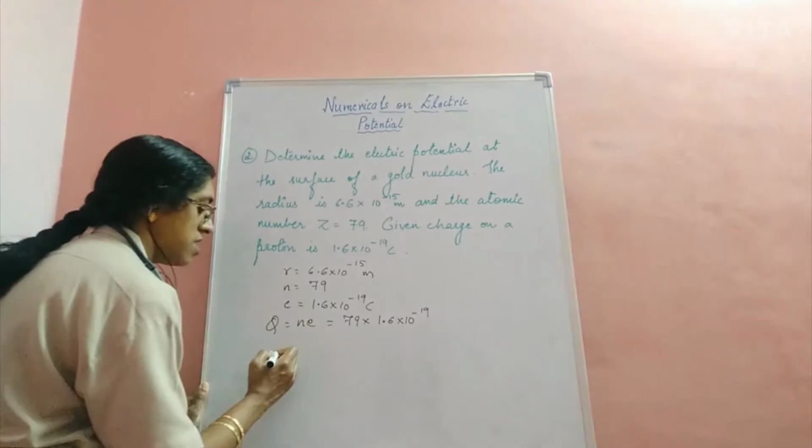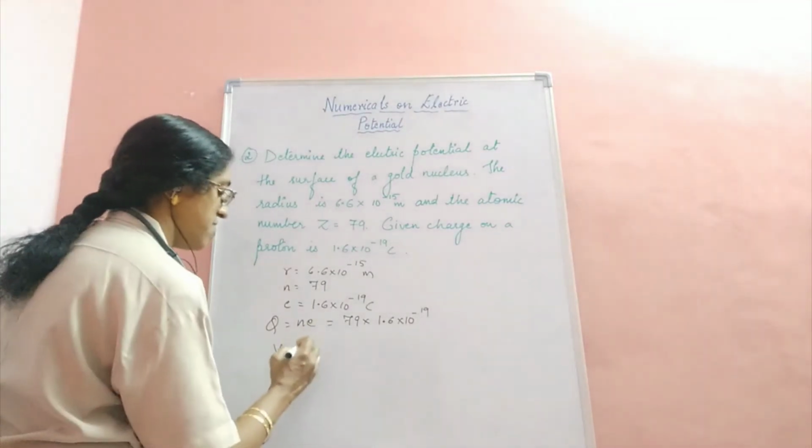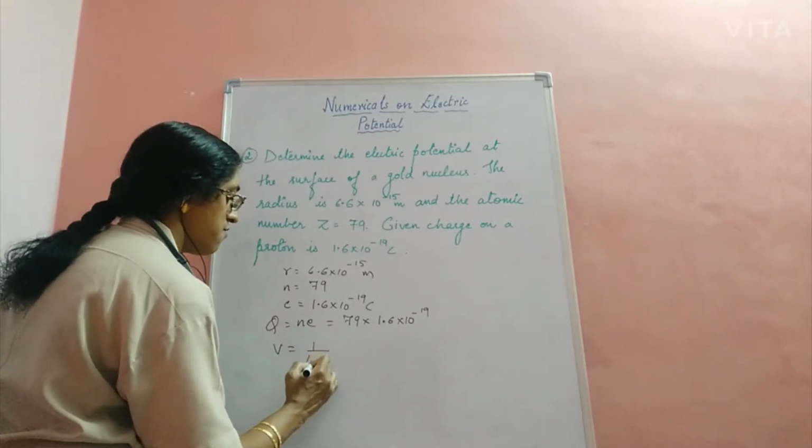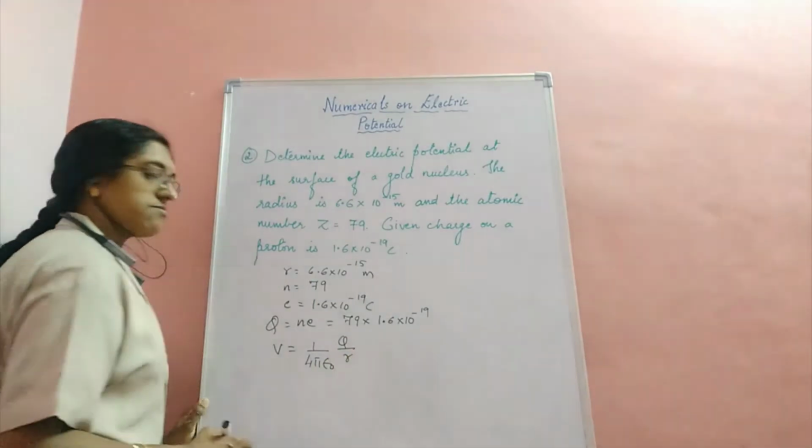So I'll apply the formula for potential due to a single charge, that is V is equal to 1 upon 4 pi epsilon naught, Q by R. Right.